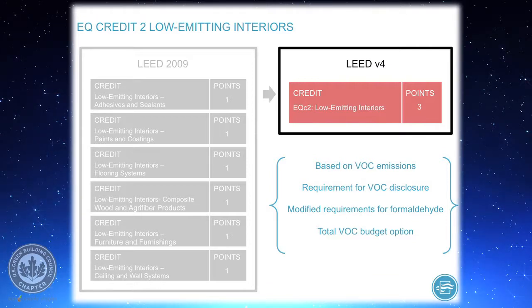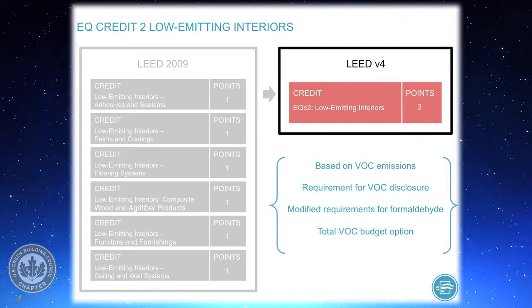We're now taking a systems-based approach to this credit to make it more performance-based and much more tied to how the products behave in a space from a VOC perspective. So we're looking at VOC emissions as opposed to VOC content. And we want project teams considering all of what they're bringing into the space together. So not just low VOC paint, but everything else is really high VOC. Are we really improving the indoor air quality?